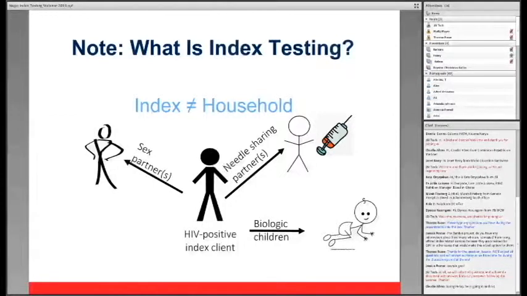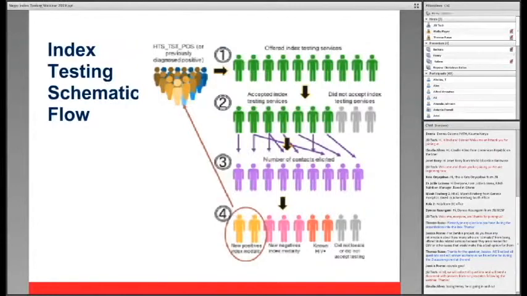Our program does not force people to get tested. A key component of the approach that I would like to emphasize here is the component of those who have accepted index testing.